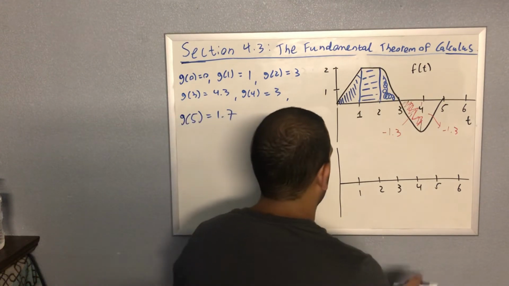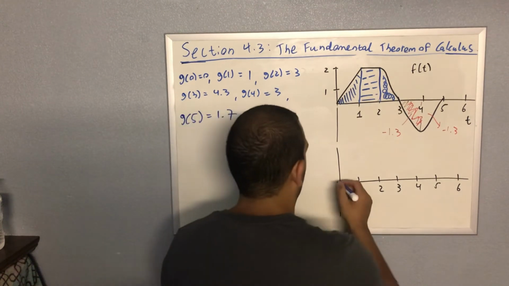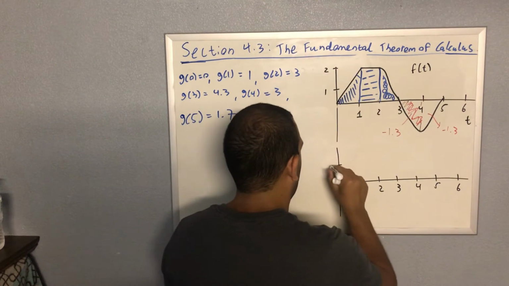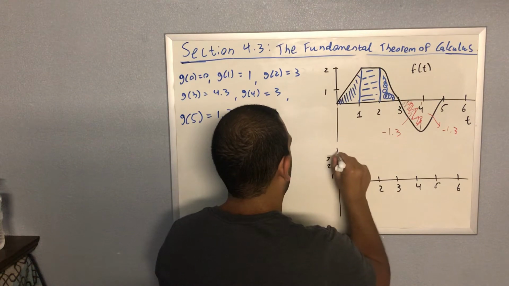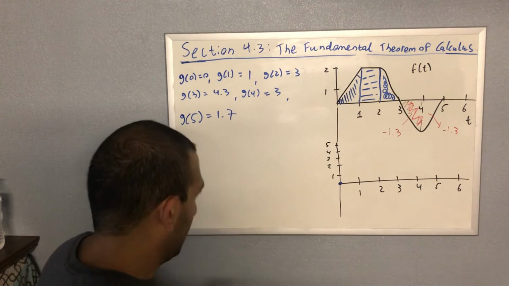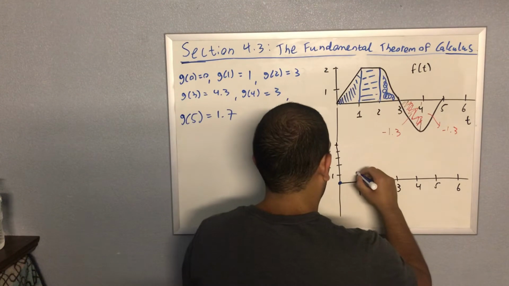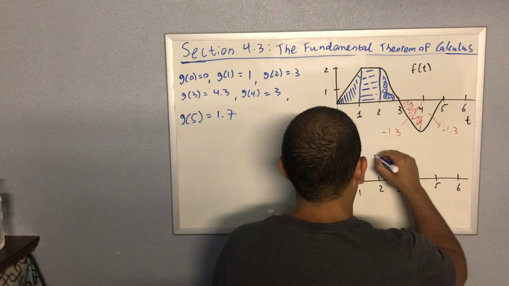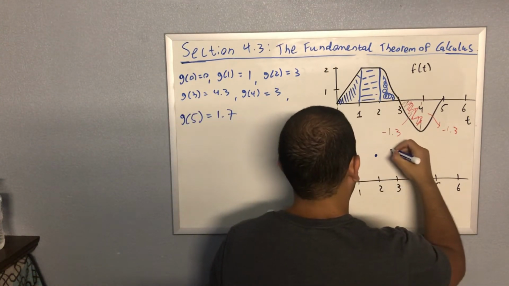Okay, not too bad. g of 1 is 1, g of 2 is 3, g of 3 is 4.3, so slightly above.